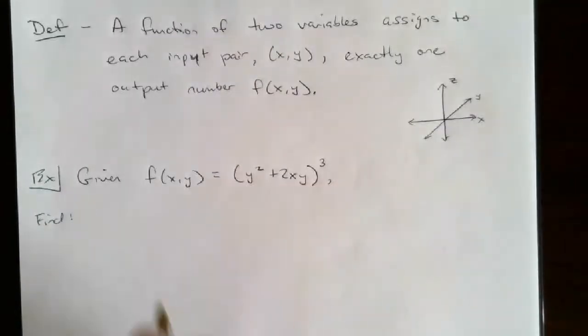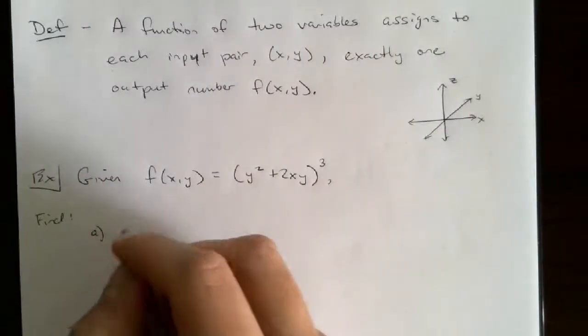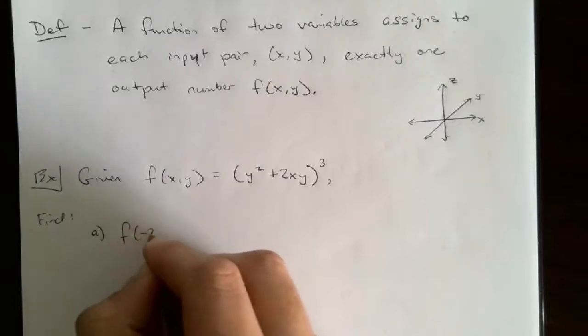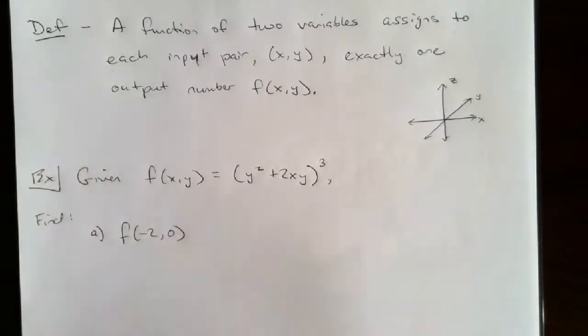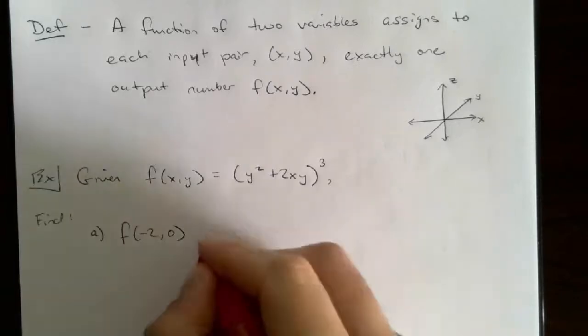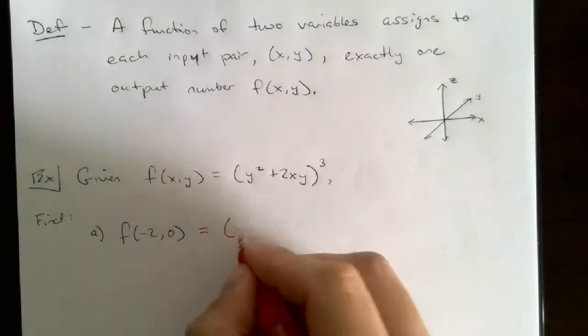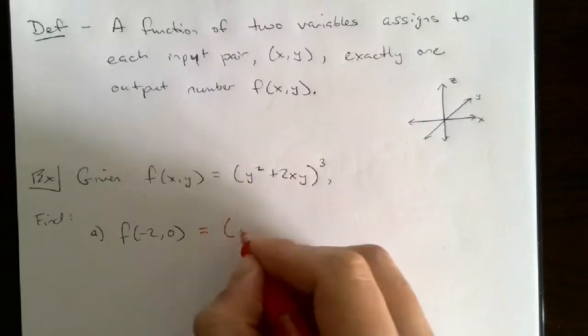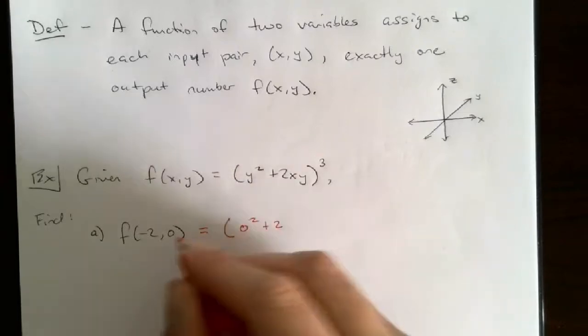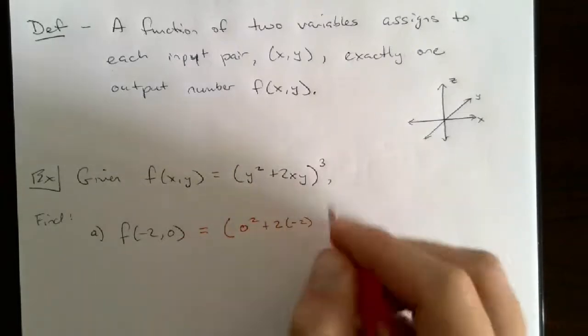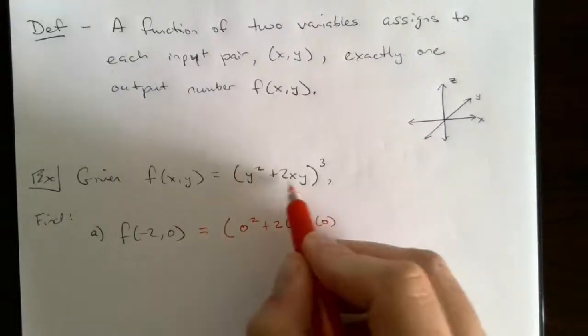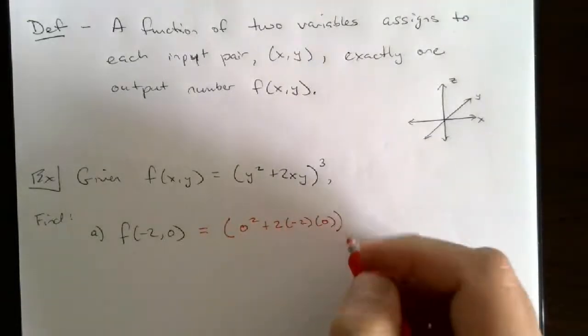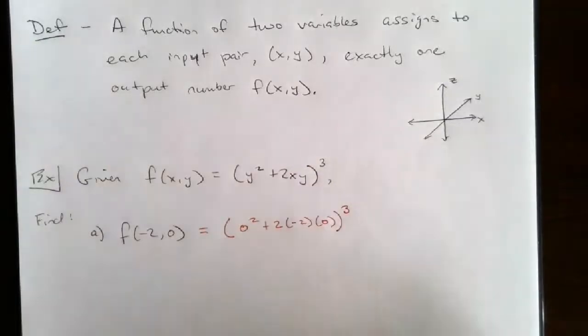For the first one, f of negative 2 comma 0. All that's saying is that you have 2 inputs. Negative 2 is the x value, 0 is the y value, and we're going to substitute in. We would have y squared, which would be 0 squared, plus 2 times x, which is 2 times negative 2, times y, which is times 0. Remember, these written next to each other means multiply. And then this whole thing in parentheses raised to the 3rd power.